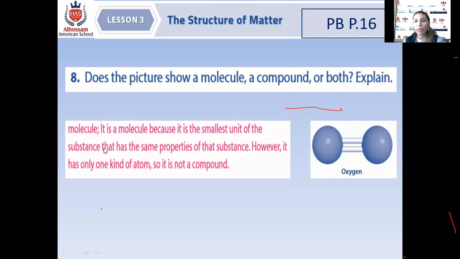In the answer, you have to write the meaning of molecule: the smallest unit that has the same properties of the substance. However, it has only one kind of atom, so it's not a compound. The oxygen molecule is not a compound because it consists of just oxygen atoms.